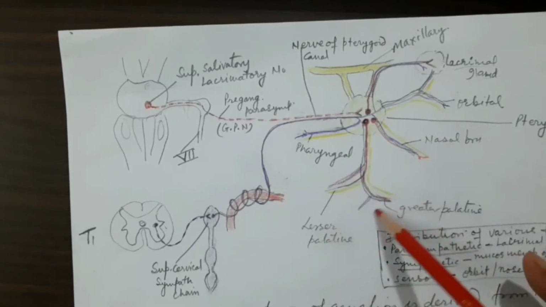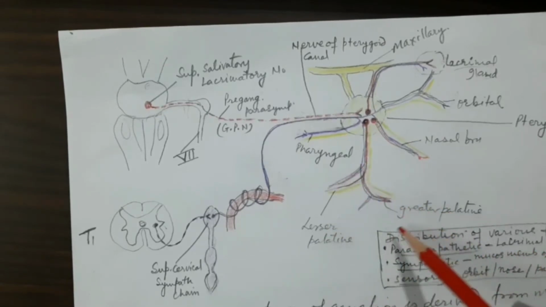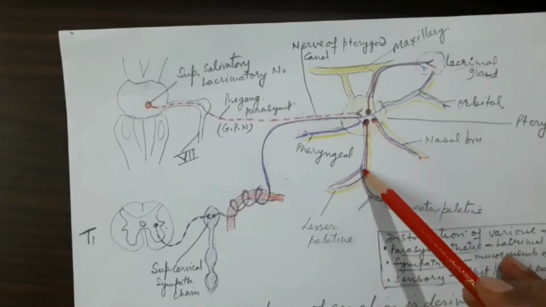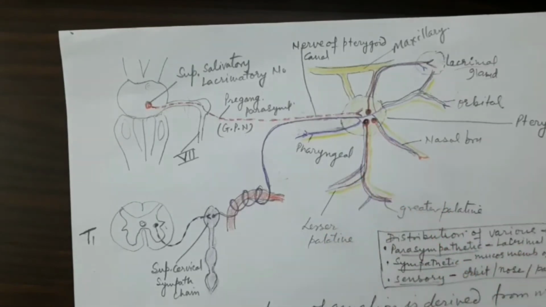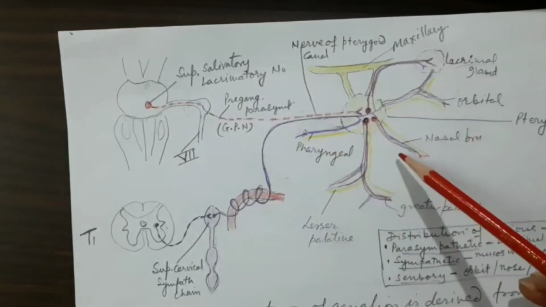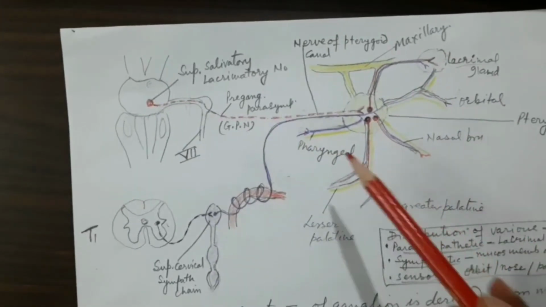These glands of the palate will be supplied by the greater palatine or lesser palatine, and this red line indicates the postganglionic parasympathetic fibers. So this is how the root of the parasympathetic fiber is there.